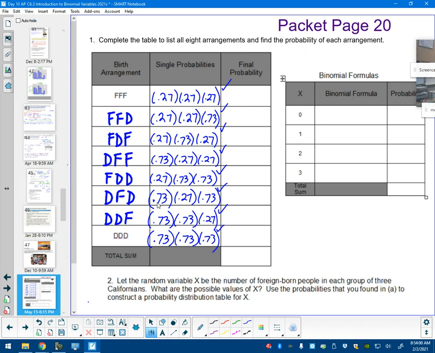Emma, what did you get for 0.27 times 0.27 times 0.27? 0.0197. And that's all the decimals? Oh, that's 0.019683. Okay, so yeah, you need to give me every single decimal. So this is 0.019683. Yep. All right, and then, was it Alina next? What did you get for the next one? 0.053217.